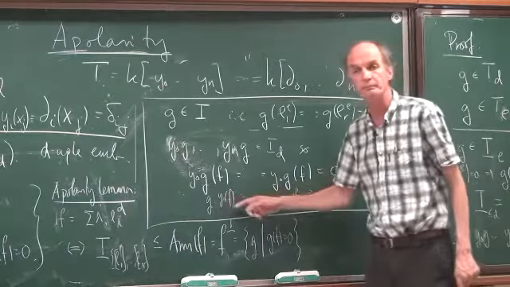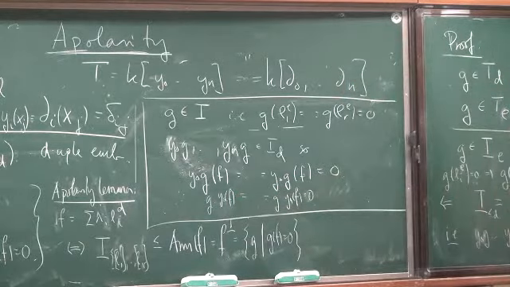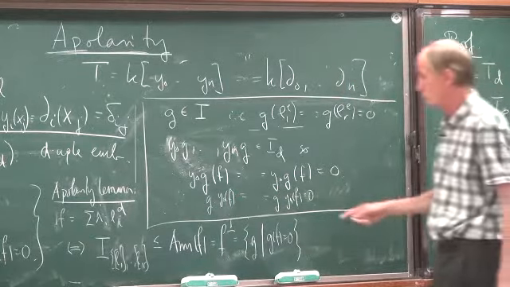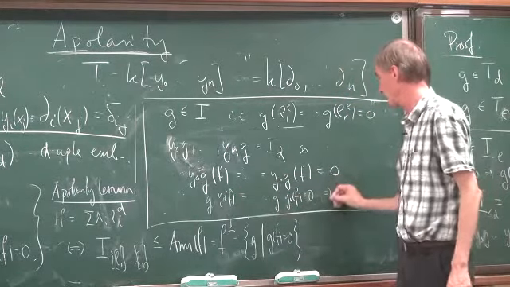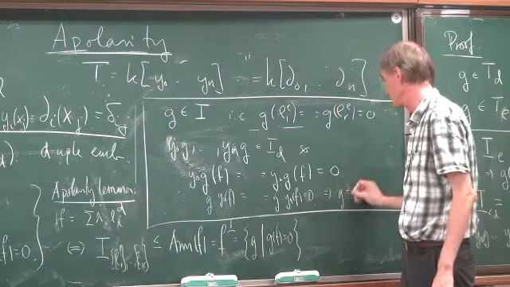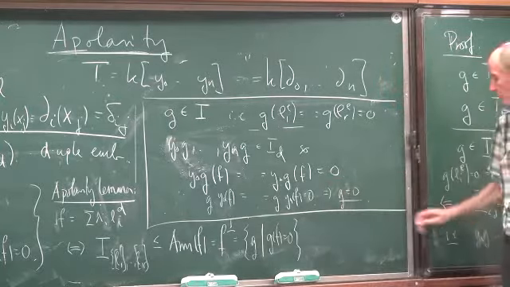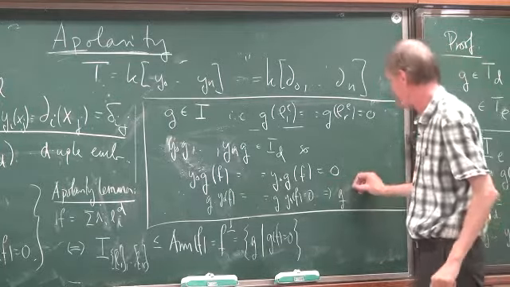So G of every partial, G of every partial of F is 0. But this is possible only if G of F is equal to 0.